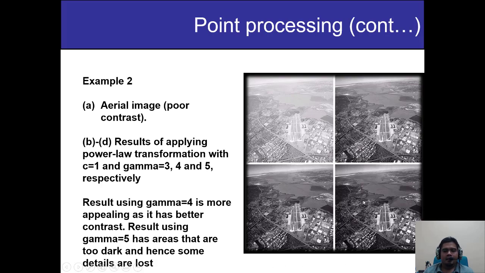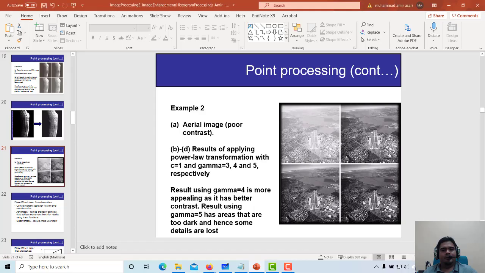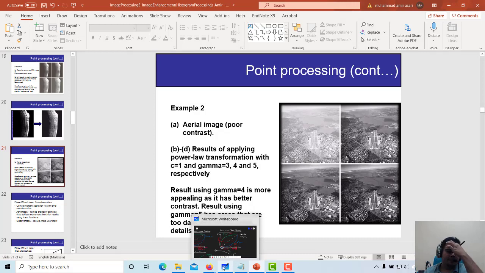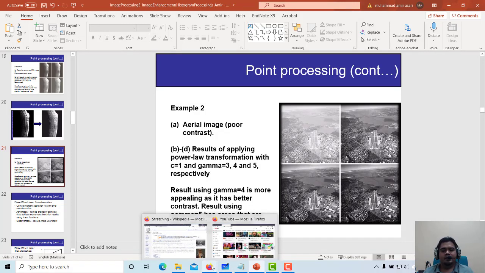This is the disadvantage of applying the power law. If you want to improve on the bright side, you are actually degrading the dark side. That happens because of the shape or the characteristic of the power law transformation itself.